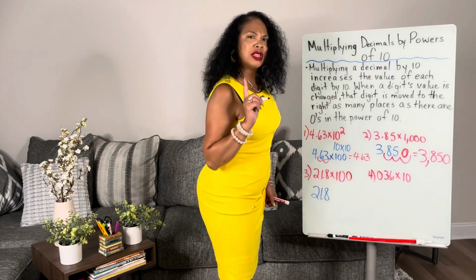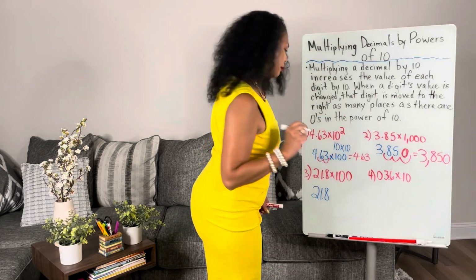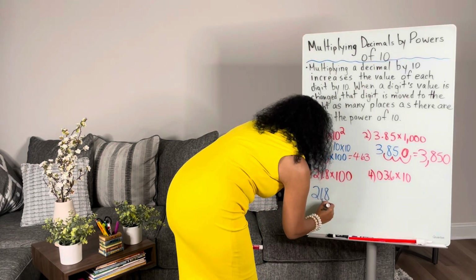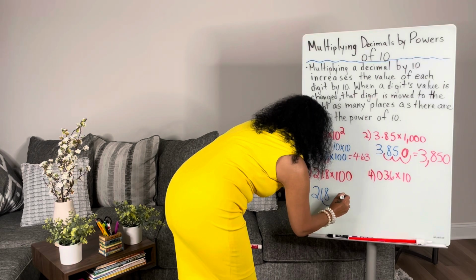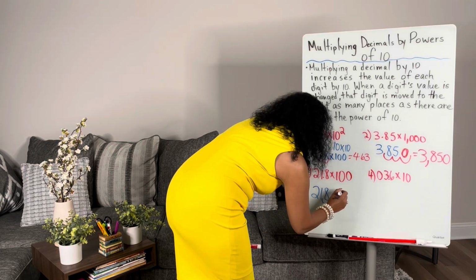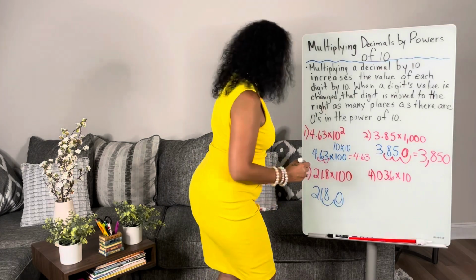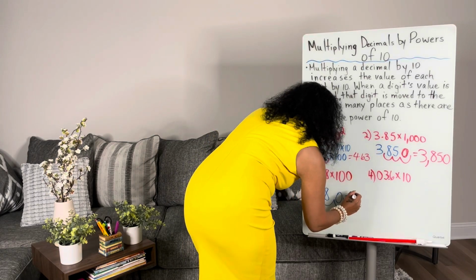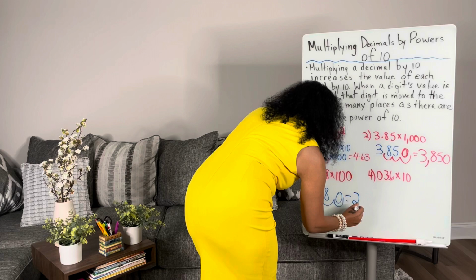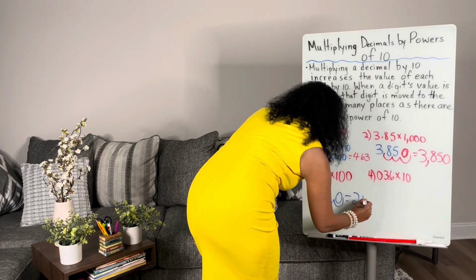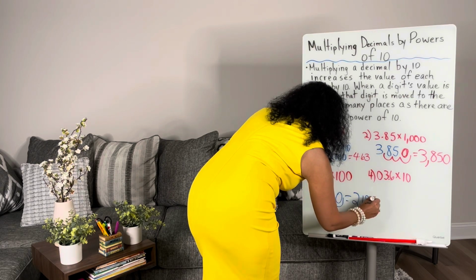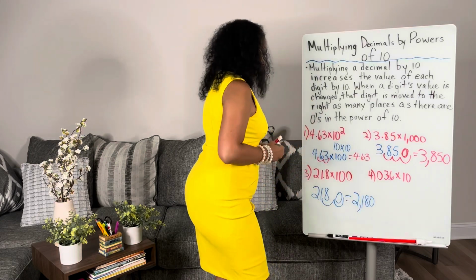And let's move the decimal 2 times to the right. So that will be 1, 2. And we have to write our 0. Okay? And so our answer is going to be 2,180. Okay.